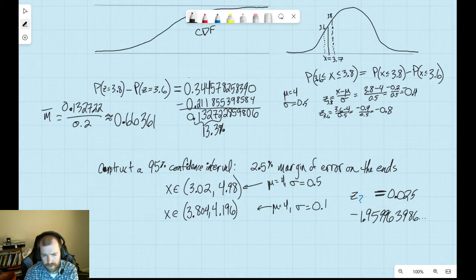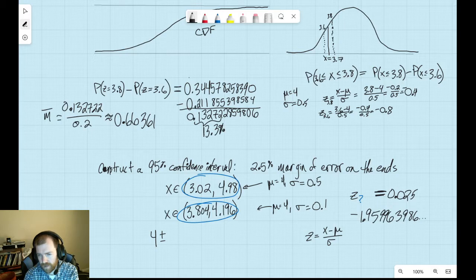So if we wanted to say again, what are the values that we had, or how can we calculate these values from all the other stuff that we had? Then we want to say like, okay, this is going to be 4 plus or minus. And then over here we said our z value is equal to x minus mu over sigma. So yeah, we want to move this stuff around.